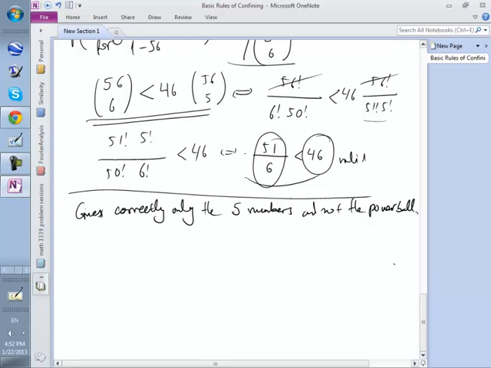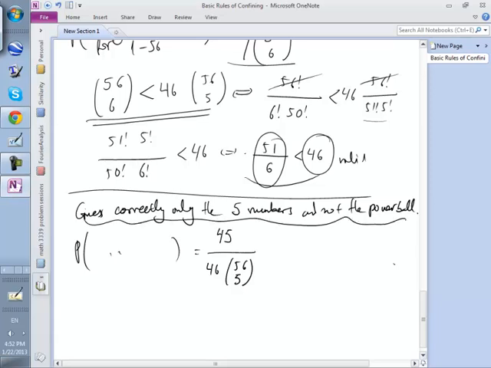So the probability of this event would be 45 divided by what we had before, 46 times 56 choose 5. Is it clear?